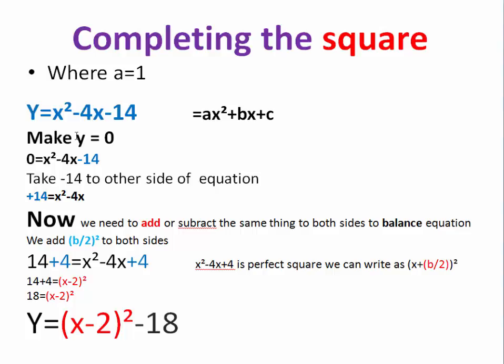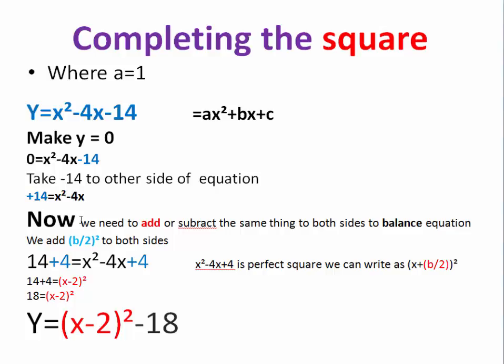First of all, make y equal to 0. So we have 0 equals x squared minus 4x minus 14. Now move the minus 14 to the other side of the equation. When we take the minus 14 to the other side of the equal sign, that makes it a plus 14. So we have plus 14 equals x squared minus 4x.